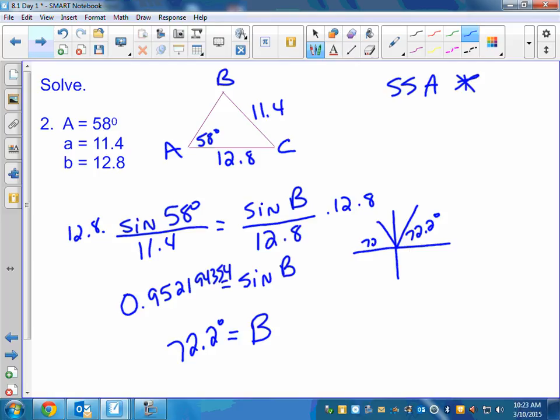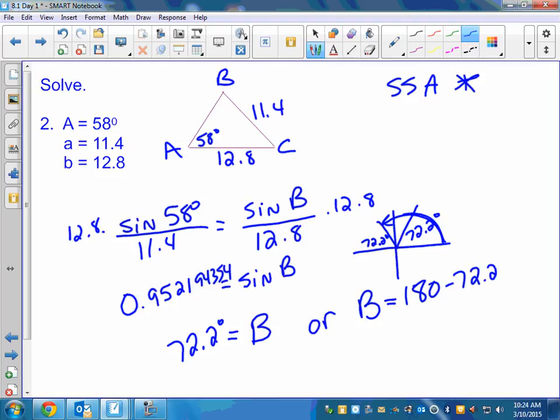So we would want to take B, so I'm going to put or B could also equal, how could I figure out this angle, measuring from here over to there? Yeah, subtract 180 minus that reference angle. So 180, oh my goodness, minus 72.2.